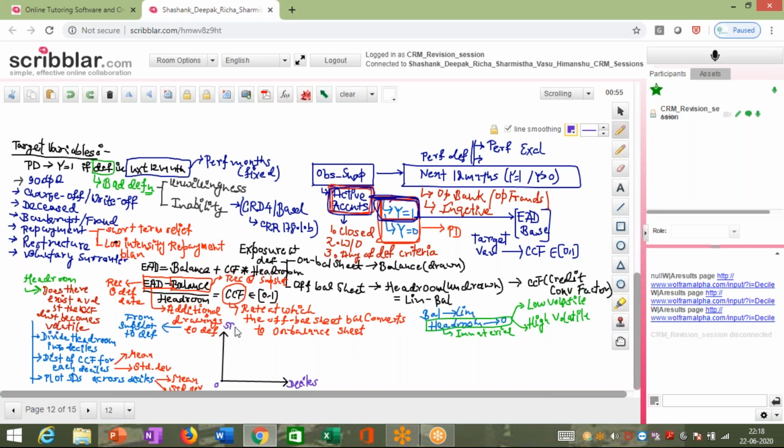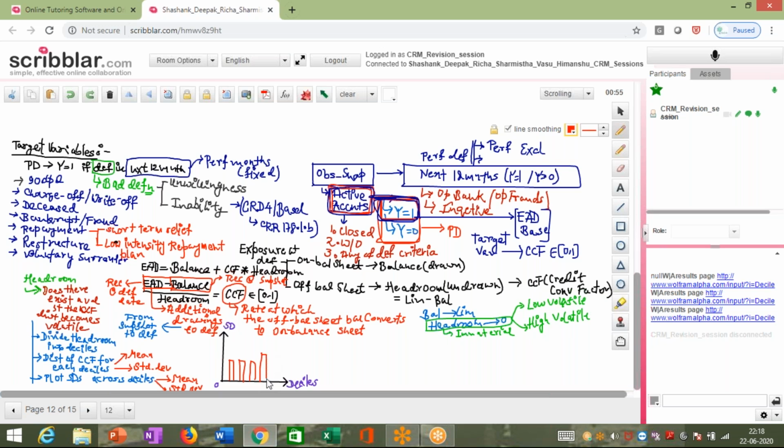I'll just plot a simple histogram of the standard deviations over here. Let's say this is how the standard deviation is, something like this. Suddenly what you see is it takes off.